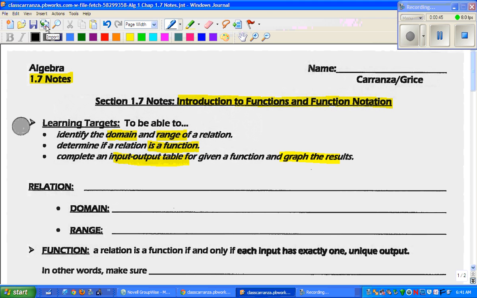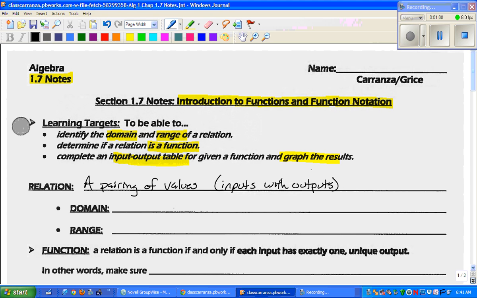Now, a relation is a pairing of values. And normally when those are paired, there are inputs with outputs.